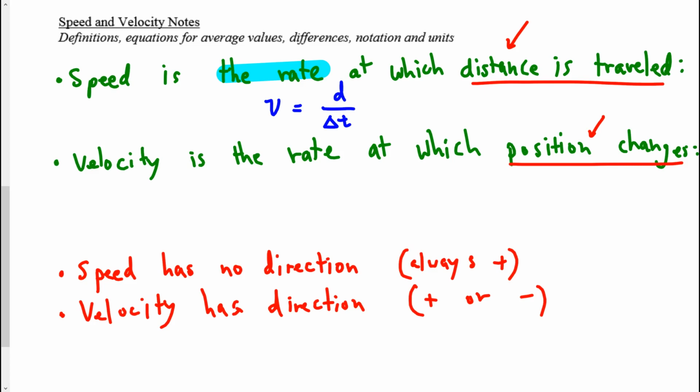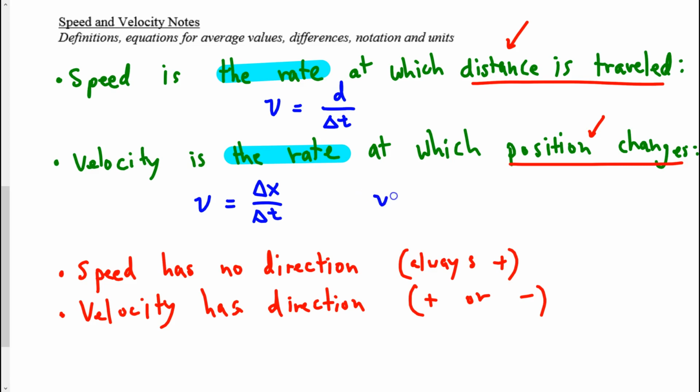So that's our equation. For velocity, we use a v as well, but we'll fix it here in just a moment. Velocity is the rate. If we see the rate, we know we have to divide by delta t. Velocity is the rate at which position, that's x, changes. That's the delta.